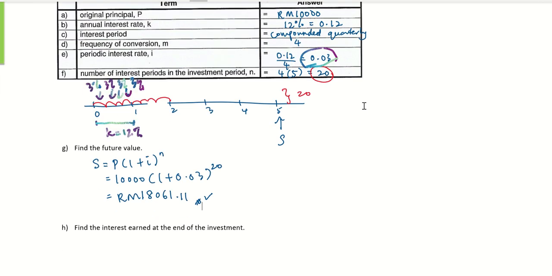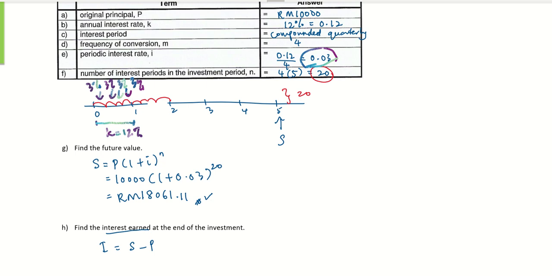And then for the last question, find the interest earned at the end of investment. The only formula that we can use is I equal to S minus P. Remember, you cannot use I equal to PRT.